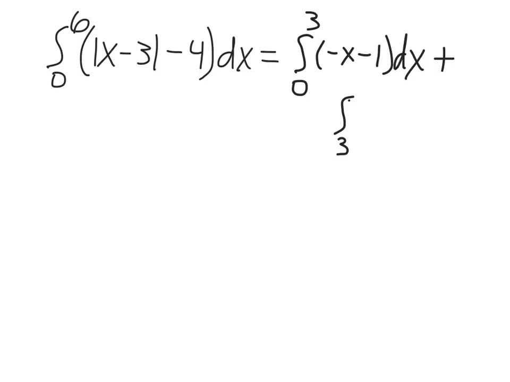We can break 0 to 6 up into 0 to 3 and then 3 to 6. And our second piece was what function? That was the x minus 7.